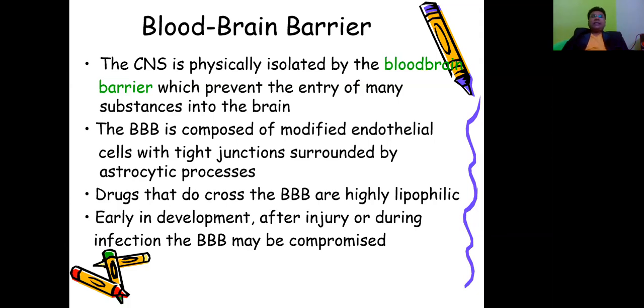The drugs that do not cross the blood-brain barrier are not lipophilic, whereas the drugs that do cross the blood-brain barrier are highly lipophilic in nature. And in early development, after injury, or during infection, the blood-brain barrier gets compromised.